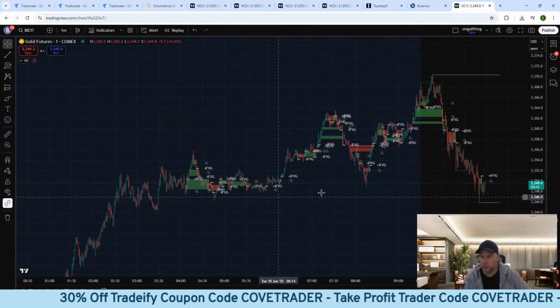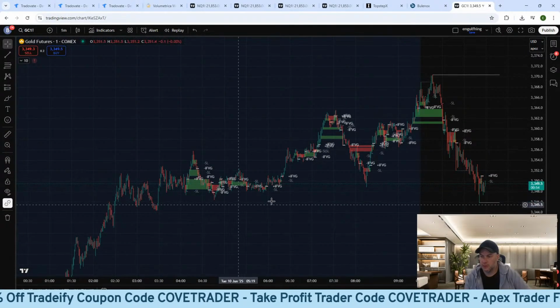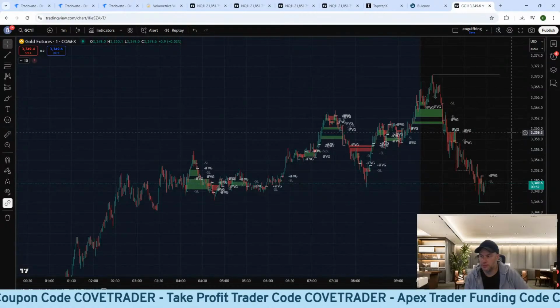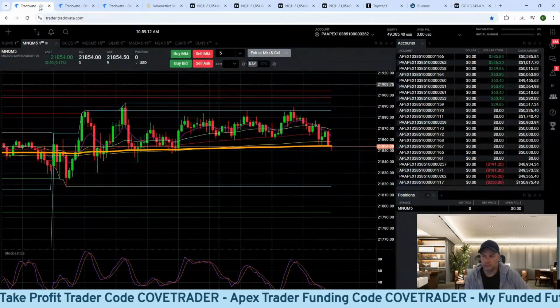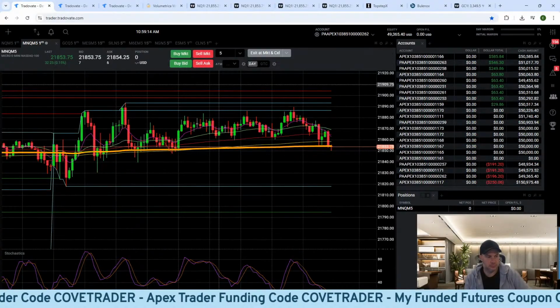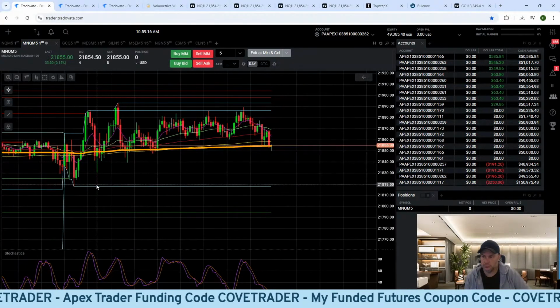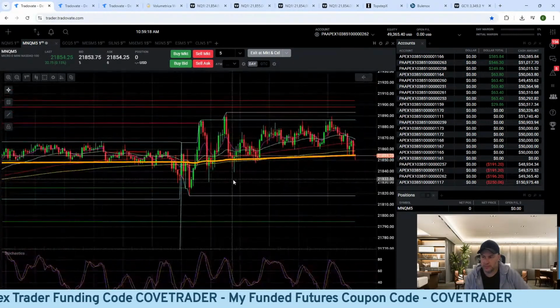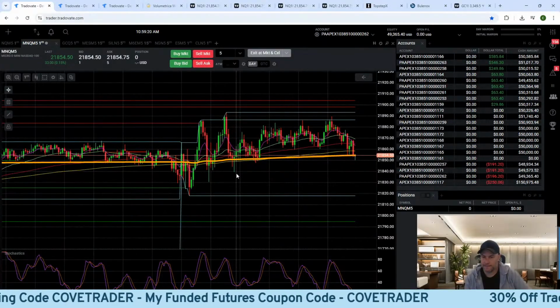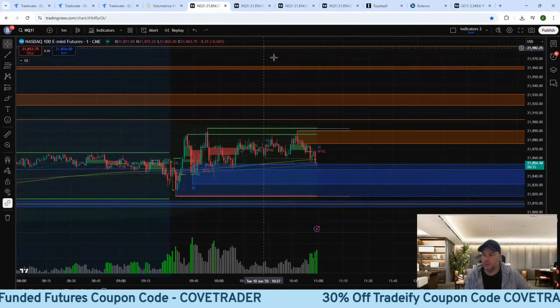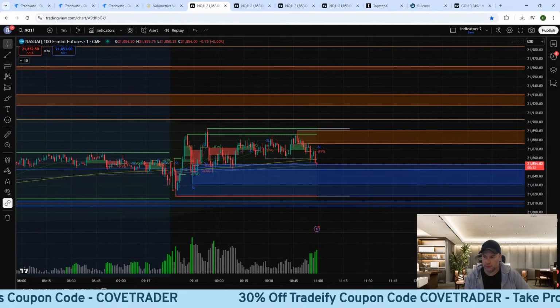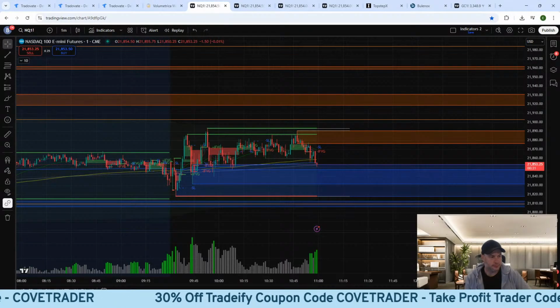A lot of support around this range, a lot of support for at least a bounce back to maybe 59. I mean, this isn't super exciting here, but let's see what happens.